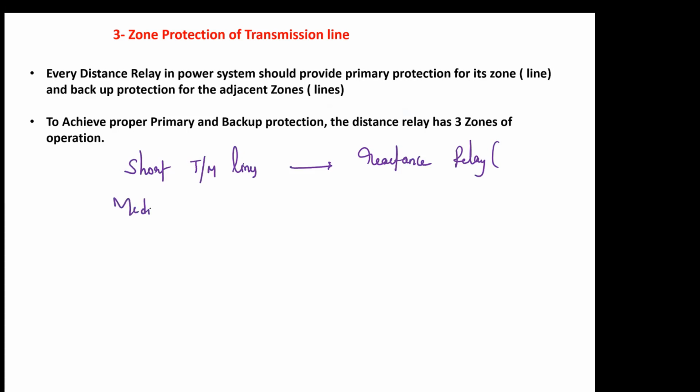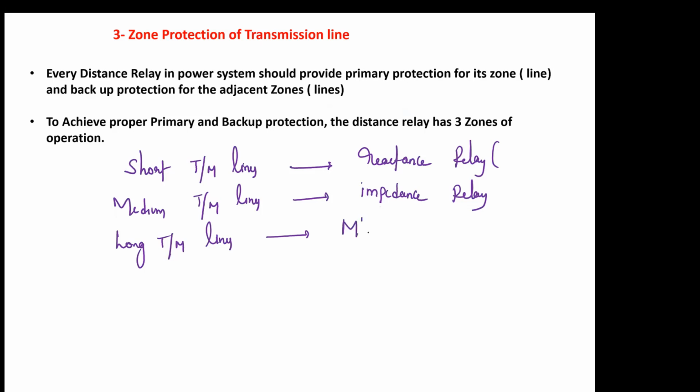Medium transmission lines, we have to use impedance relay or Z relay. Impedance relay should be used. For long transmission lines, we use Mho relay or admittance relay.